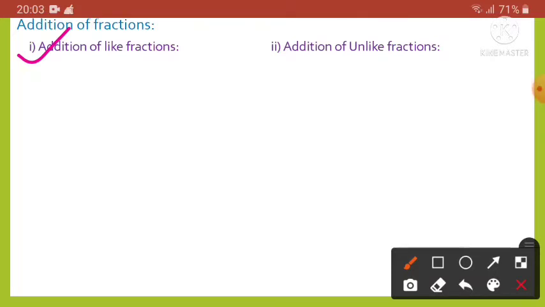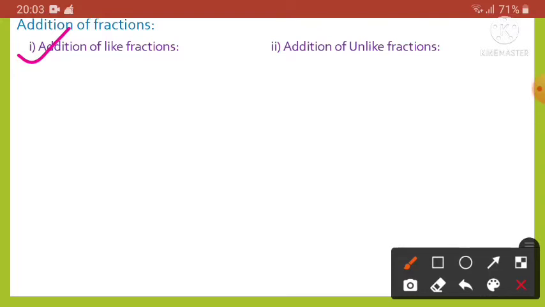When we are doing the addition of like fractions, we can simply add the numerators, and then you will have the result. So the addition of like fractions can be done by simply adding the numerators when the denominators are the same. Let's take a simple example.